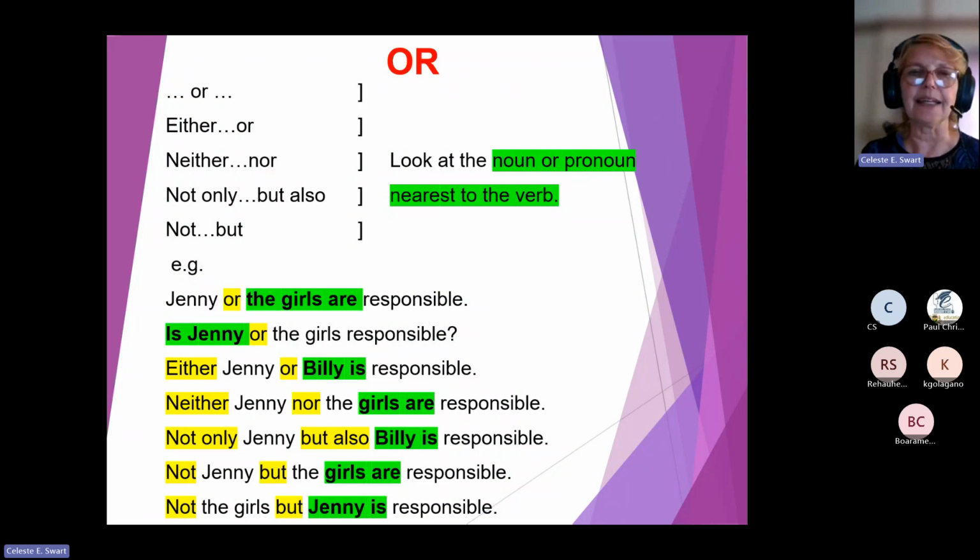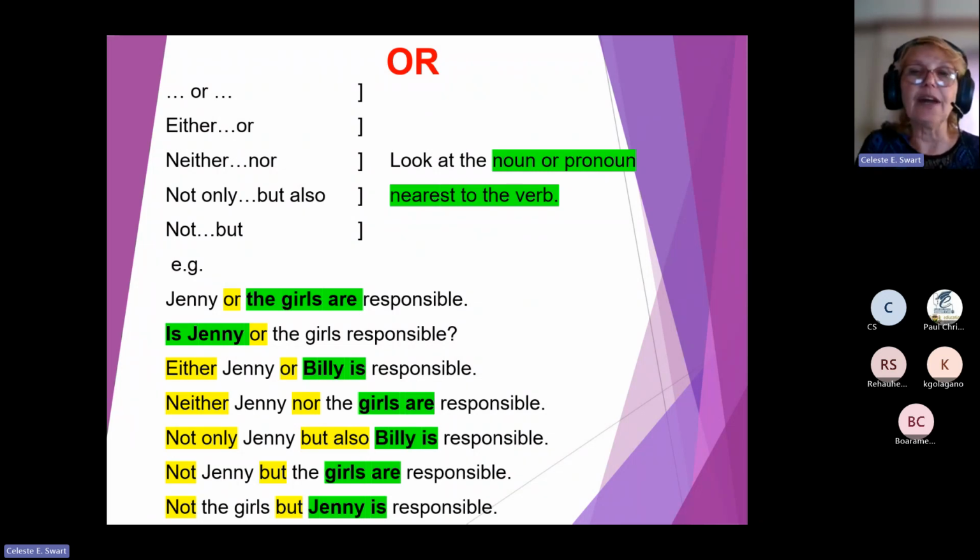Now we have things like when we find the word "or", and when we use "either...or", you've already probably written tests where you were asked to write two sentences over, but you have to use either...or and neither...nor, something like that. Not only...but also, and not...but.